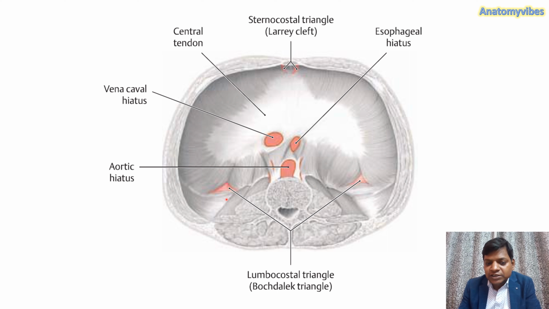Embryologically, the diaphragm develops from the membrane here and it is thin in respect to other parts of the diaphragm. So this region is known as the lumbocostal triangle or Bochdalek triangle. This triangle is very important, so we will see the application of this triangle later on. Hope you have understood.